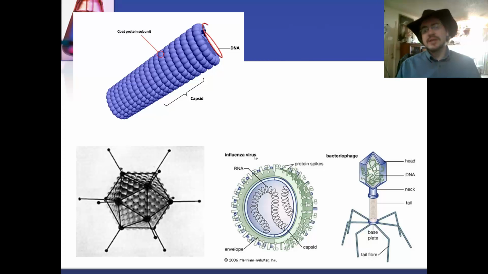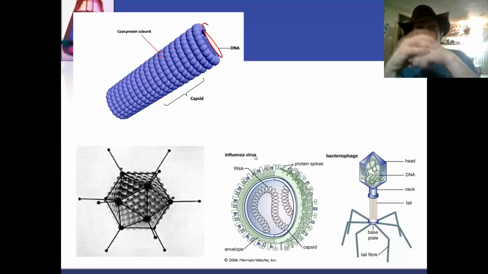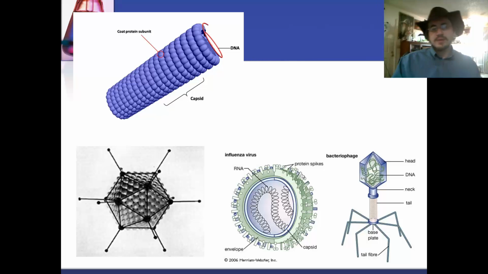Remember, endocytosis is where you have a cell membrane, and here comes something yummy, and the cell membrane sort of folds around it and then pulls it in, and it's inside the cell in a vesicle or a food vacuole. And so viruses actually force the membrane to close around them and stick the virus inside the cell, inside a vesicle or food vacuole.